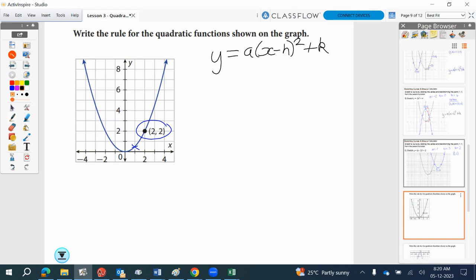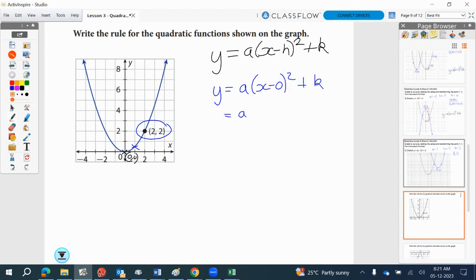The vertex is here, 0, 0. What's the value of h? 0. What's the value of k? 0. So this is y equals a(x minus 0) squared plus 0.